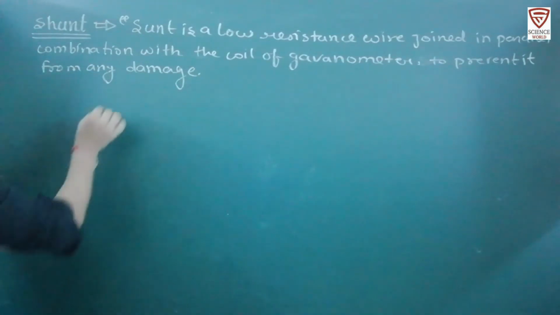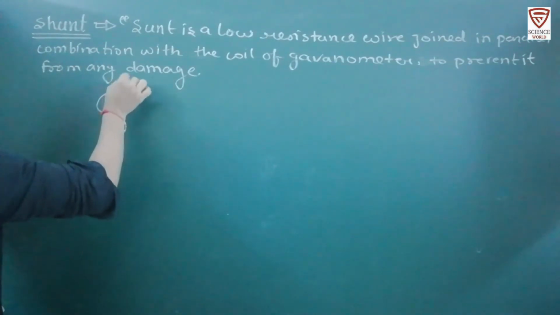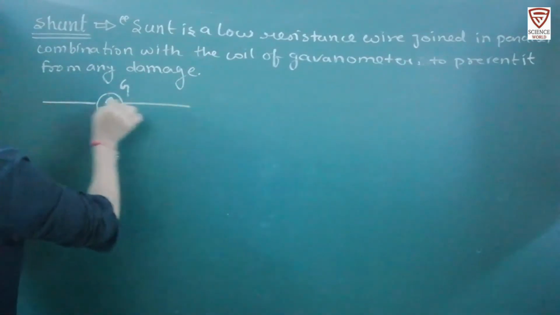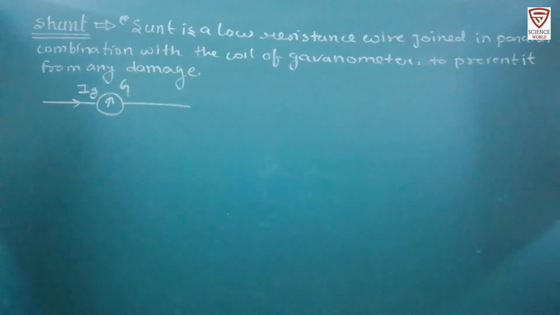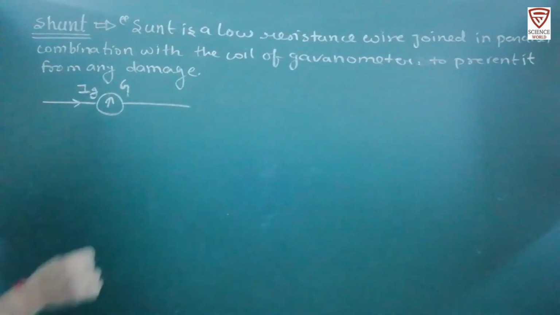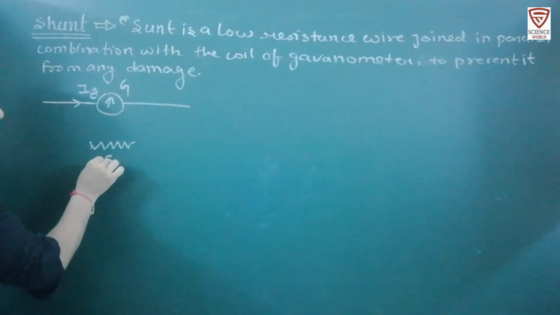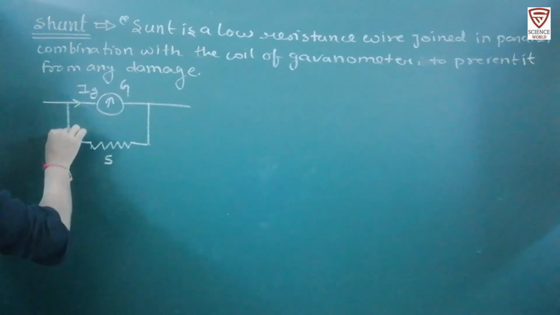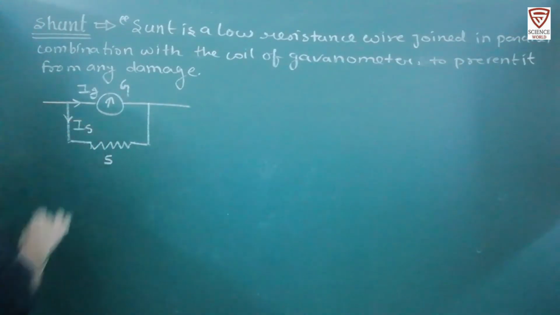So now consider we have a galvanometer and its resistance is G, and the current passing through this galvanometer is Ig. So we will use a low resistance wire, say its resistance is S, and we will join it in parallel combination. So we have joined it in parallel combination, and current passing through shunt is Is.